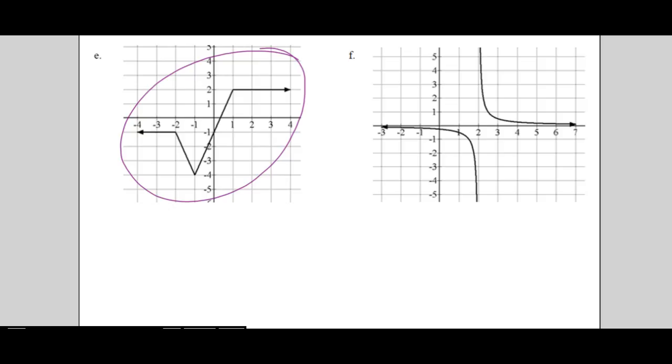Don't circle it. It's radical. It's not as easy to recognize a radical as far as stretch factor and stuff. So I'm not going to write an equation for that. I don't know if I can. Let me look on here and see if somebody wrote an equation. So it's not radical. It's rational.